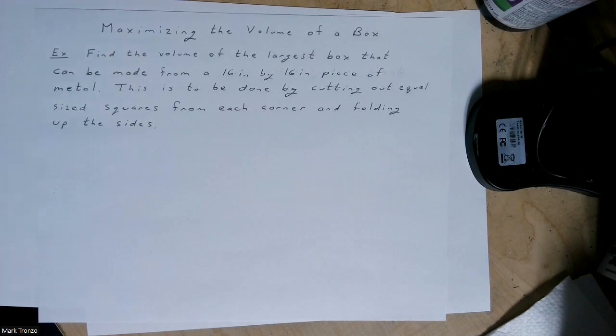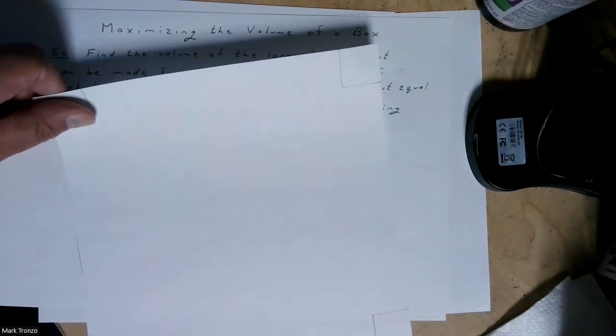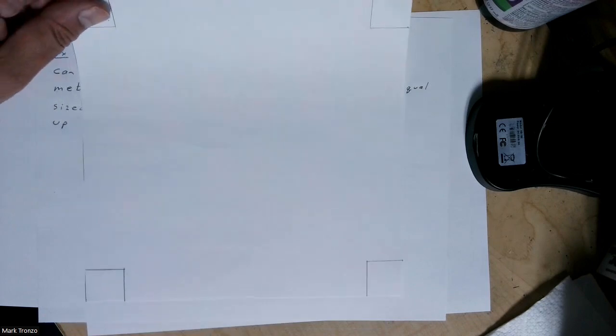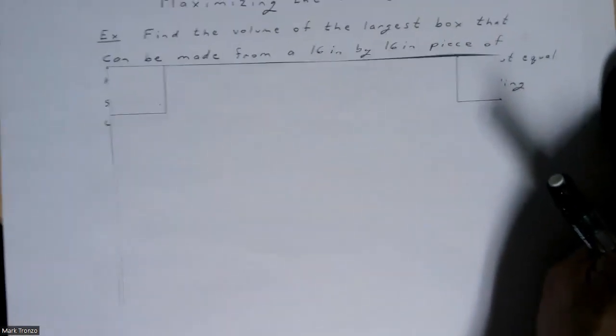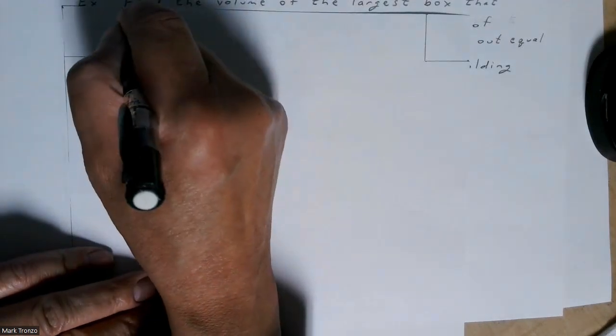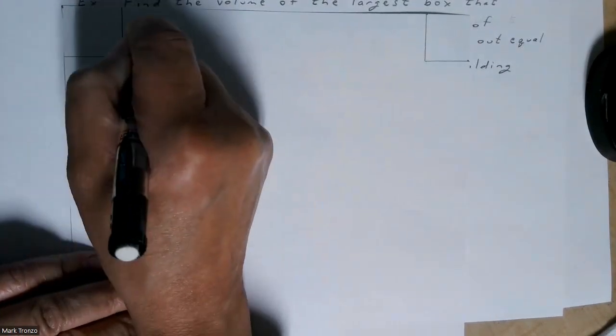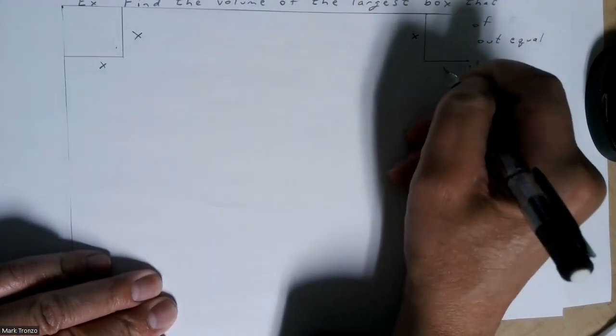And so in the box that we're looking at here, we could count each of these corners as being a square of x by x. So let's say that this is x, and this is x, this is x, and this is x.